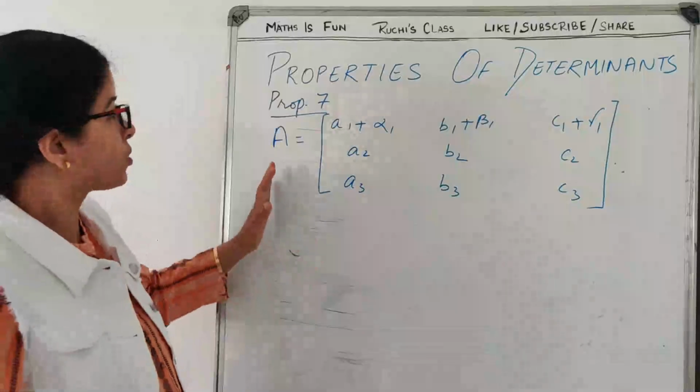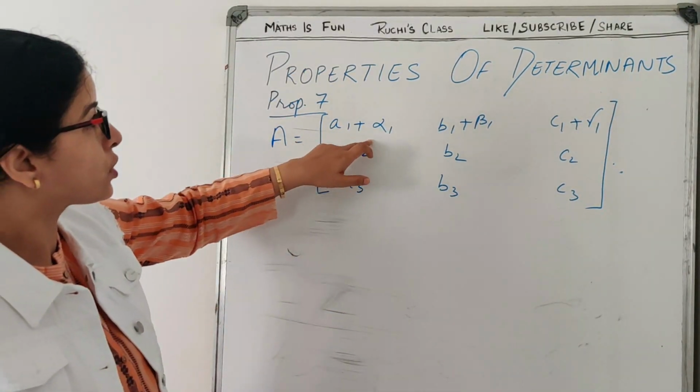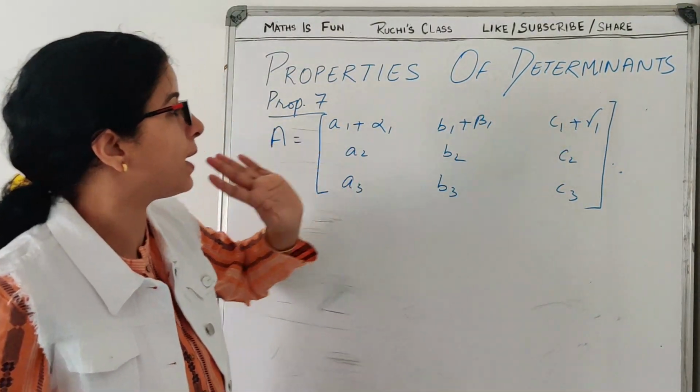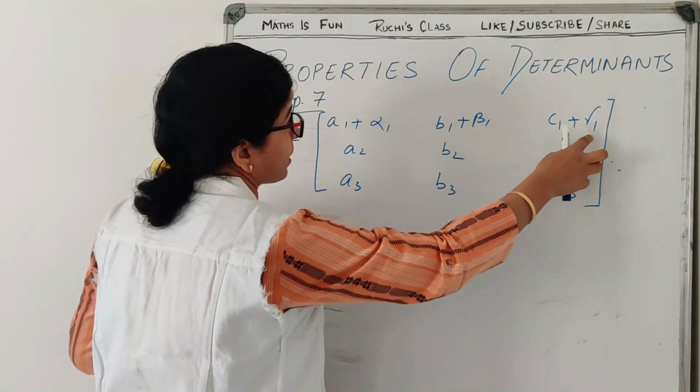So my A is a square matrix of order 3 in which the first row is expressed as a sum of two elements. Okay, so a1 plus alpha 1, b1 plus beta 1, c1 plus gamma 1.